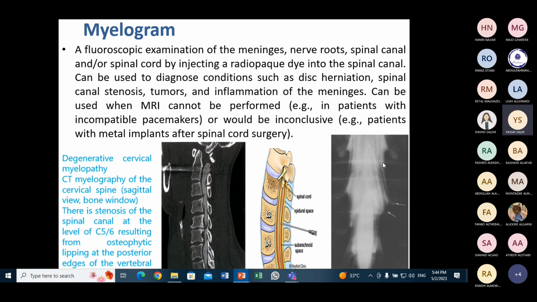This is a conventional myelogram, nowadays not commonly performed because it is an invasive imaging technique, بس MRI can be performed without this intervention. And also in a patient with pacemaker, طبعا إنه في incompatible pacemaker.